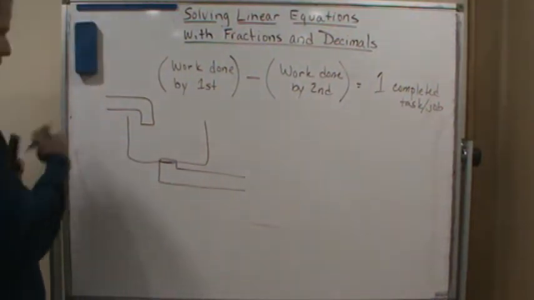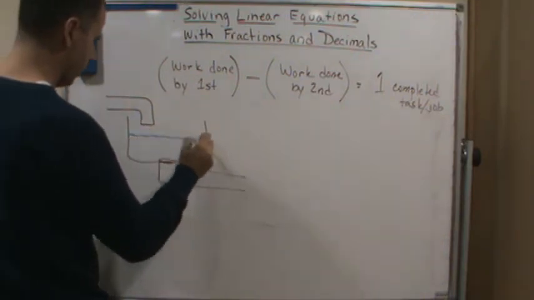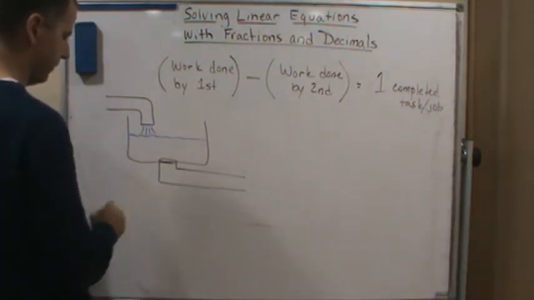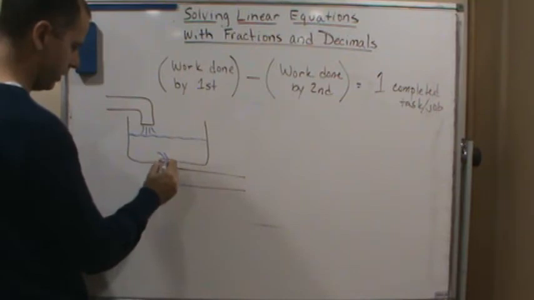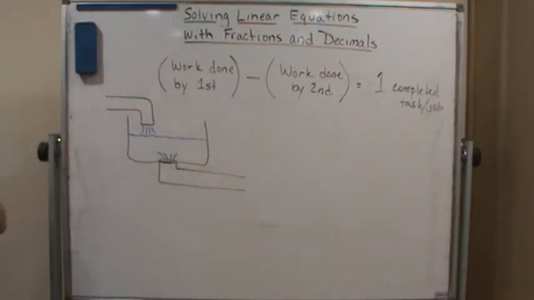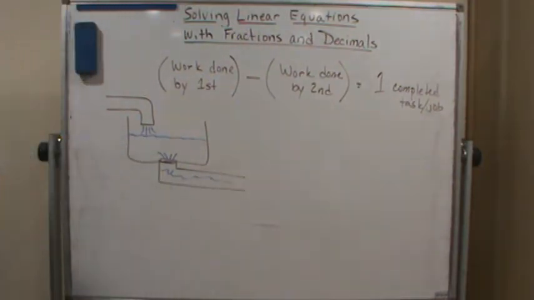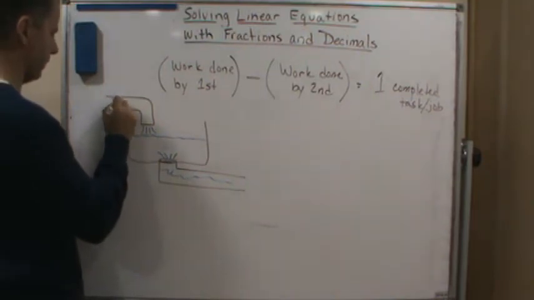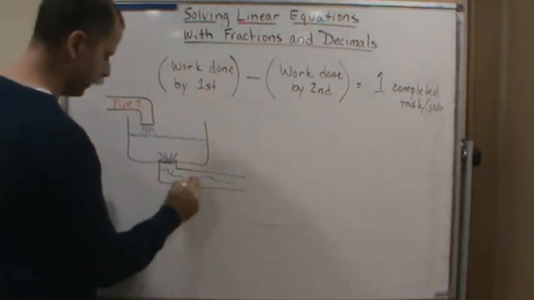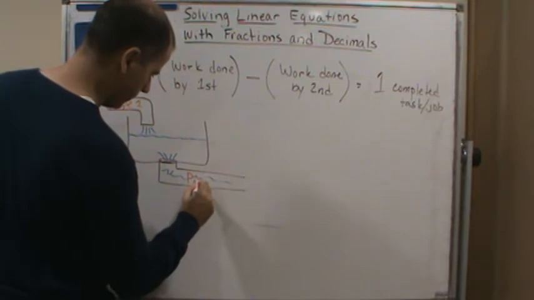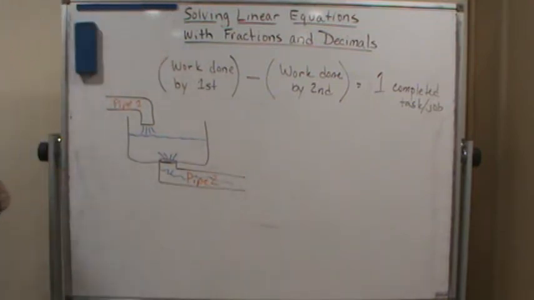and so we've got water coming in and water going out. Here's pipe number one, and this is pipe number two. Okay, so let's read this. It says a faucet fills the tank in 6 minutes.